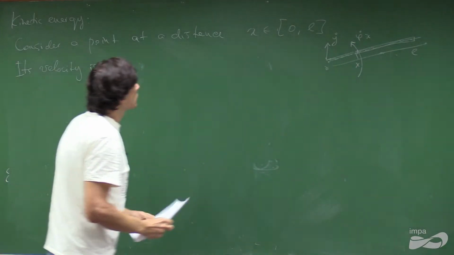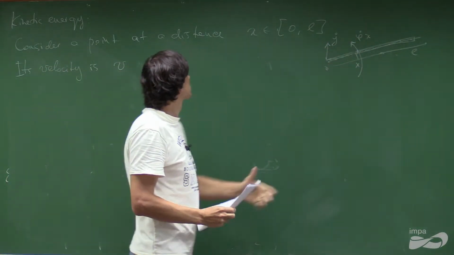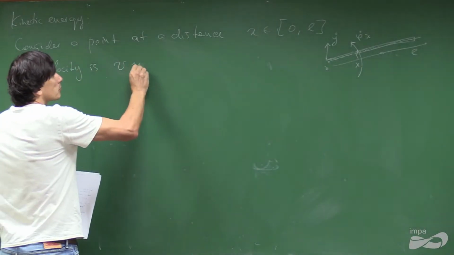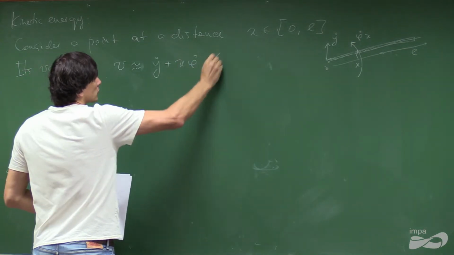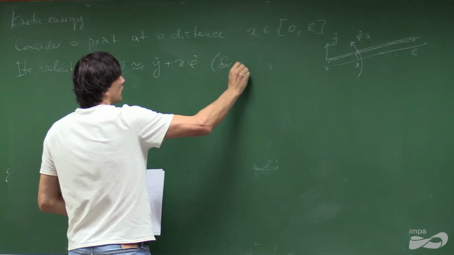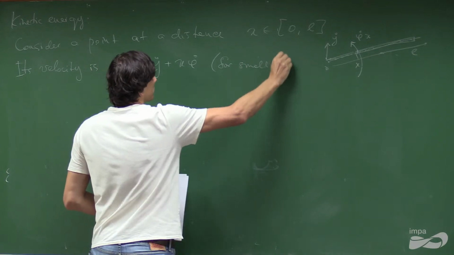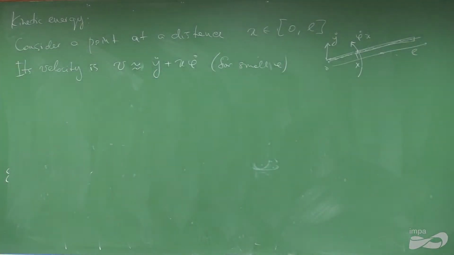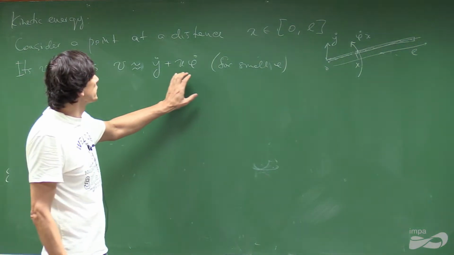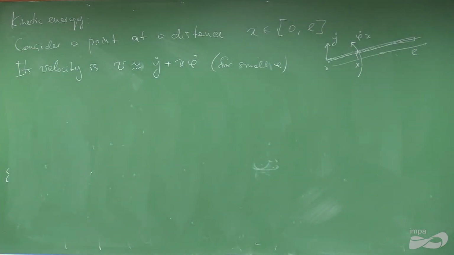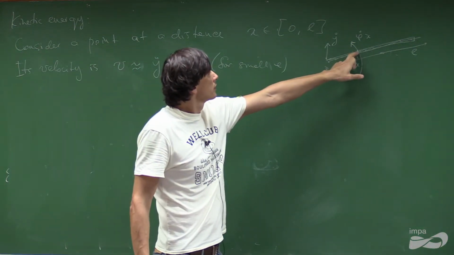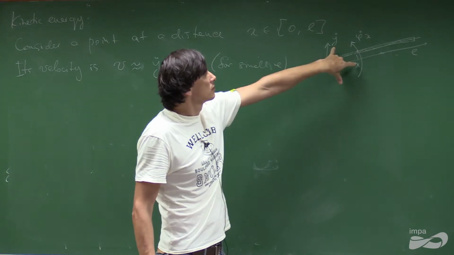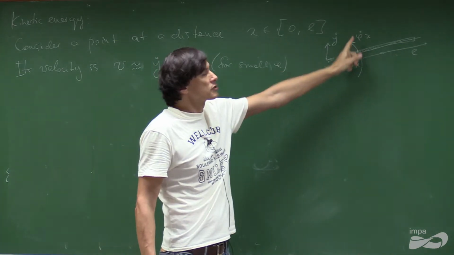At small angles, the velocities look to be in the same direction. So the velocity can approximately be taken as y dot plus x phi dot, for small phi. You can do it in a more rigorous way. This will be just the linearized part of the velocity. So the velocity at that point is the velocity of the left point plus the rotational velocity.